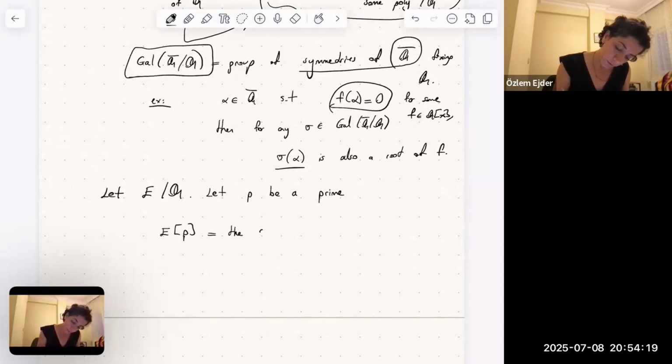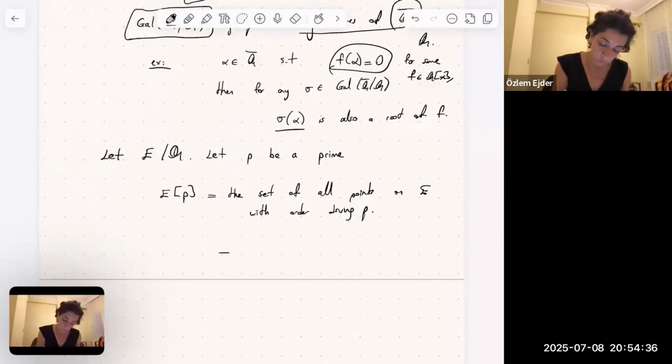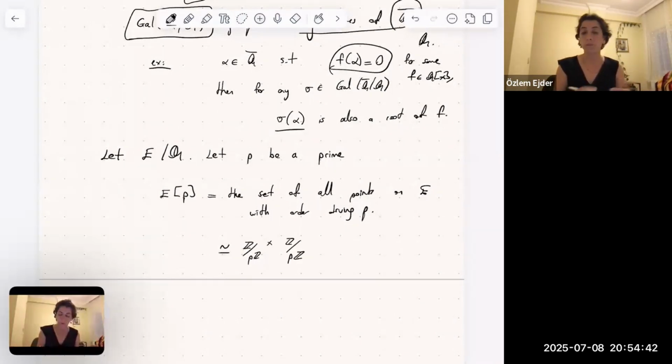This is the set of all points on E with order dividing P, so it's either order P or just 1, which is the identity element. One thing that I know is that this is isomorphic to the group Z mod PZ cross Z mod PZ. So I have P squared elements, and this is the group structure.